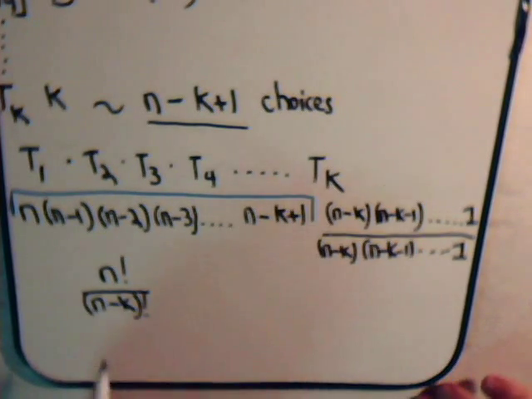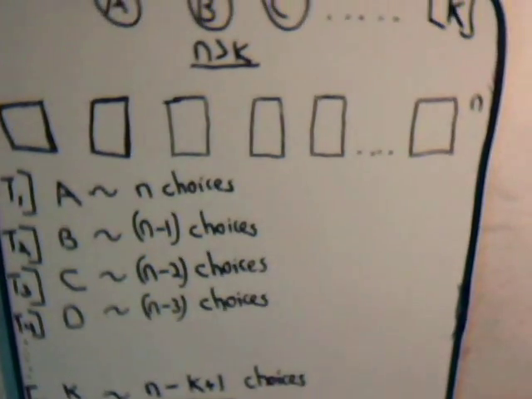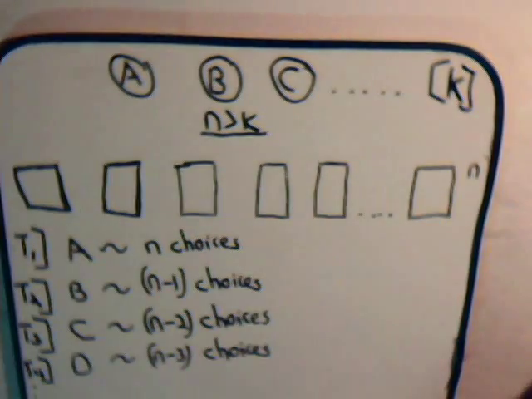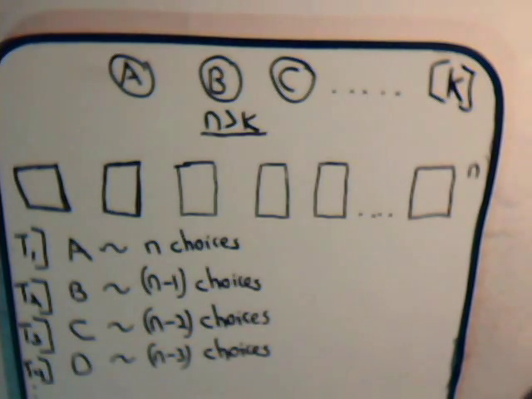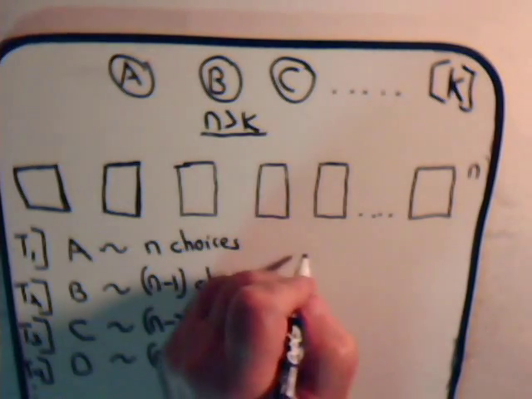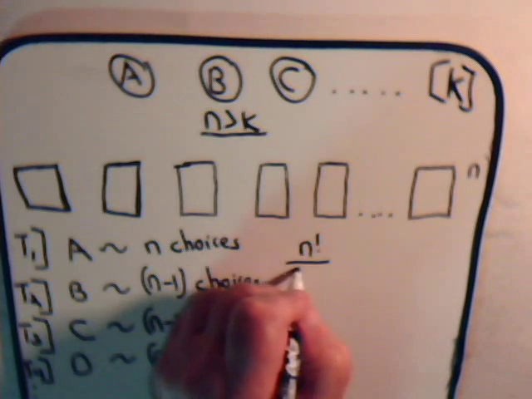So this expression right here tells us the number of ways that we can place k different objects into n boxes, one object per box, and we have more boxes than we have objects.